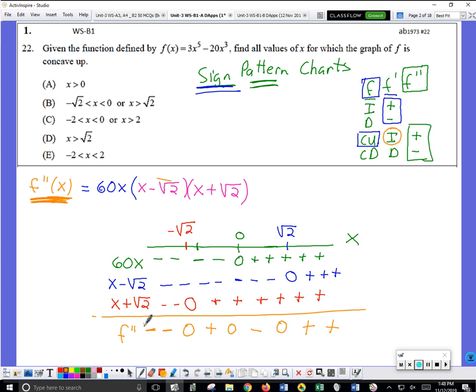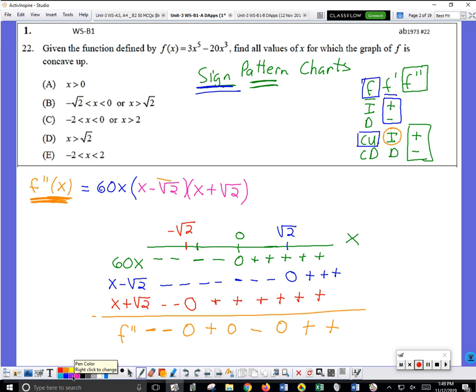So if you had a graph of f in front of you, and you were looking at the graph of f way over here, would you expect to see a graph of f that has a concave up shape or a concave down shape? Concave down.